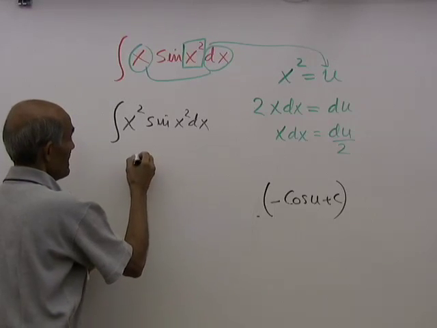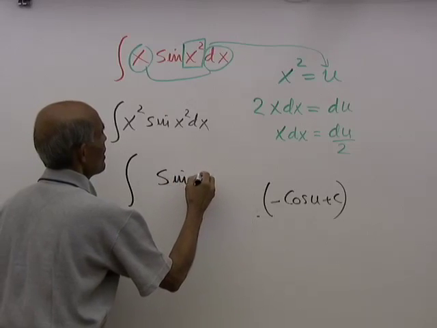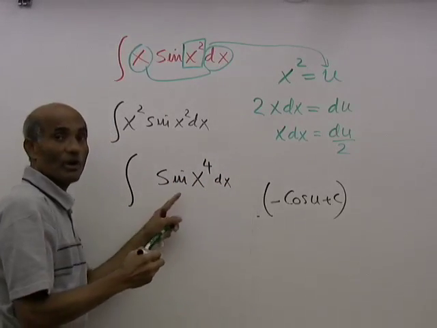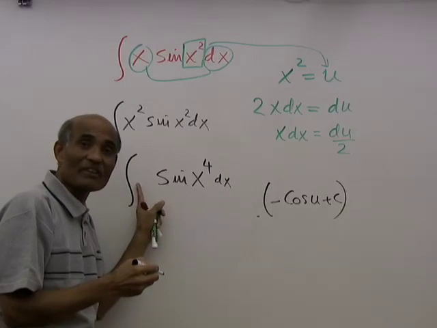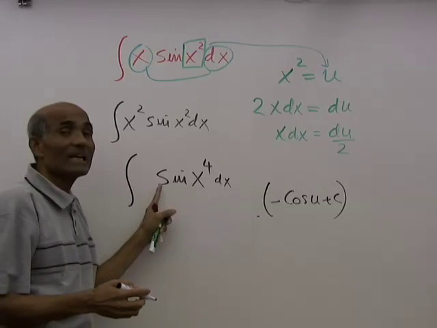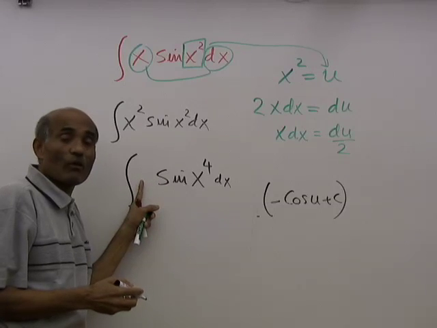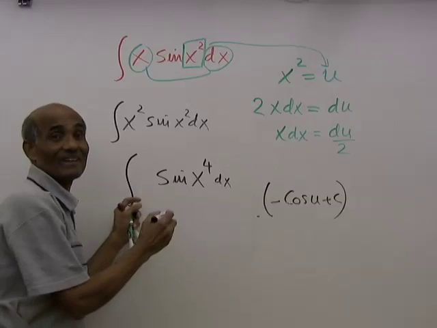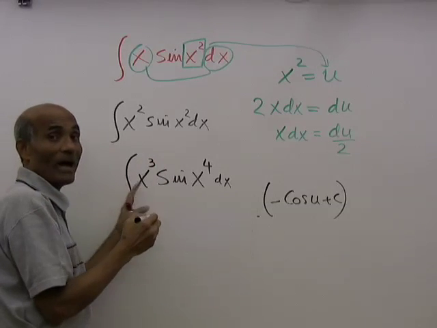Now tell me, if I have to integrate, say, sine of x to the power 4 dx, what else must come along with this so that this is an integrable form? To make it in a form that can be integrated, there must be something else with this. What must be that something? That something must be x cubed. Why?